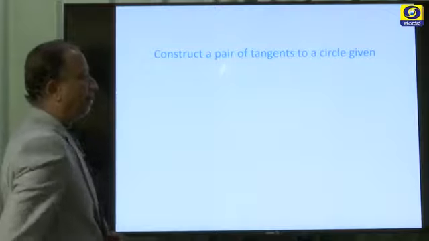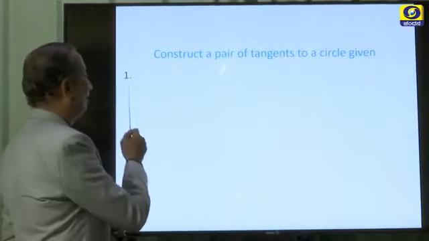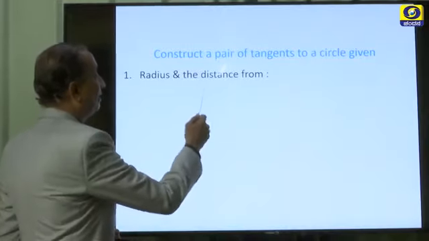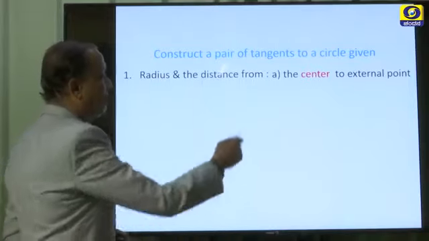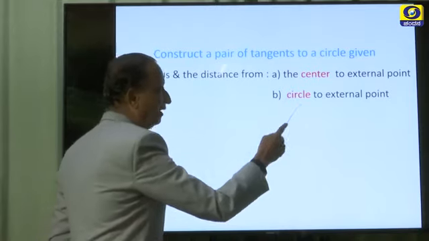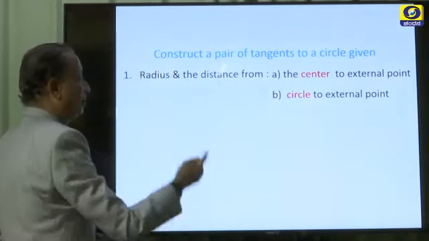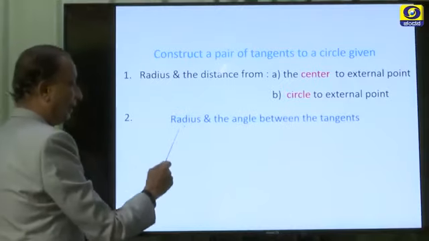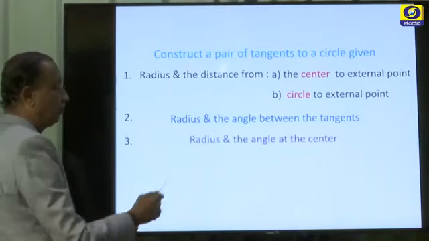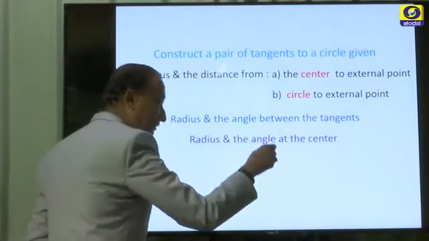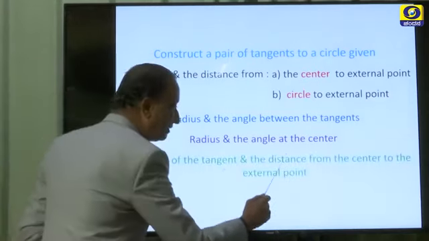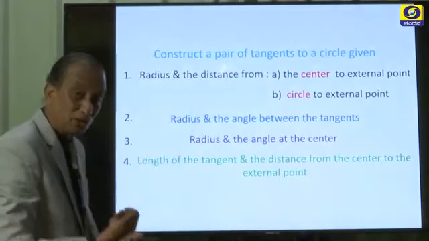Construct a pair of tangents to a circle. In 4 ways you can think of this problem. The radius and the distance from the center to the external point can be given, or the radius and the angle between the tangents can be given, or the third choice would be the radius and the angle at the center can be given, and finally the length of the tangent and the distance from the center to the external point can also be given.